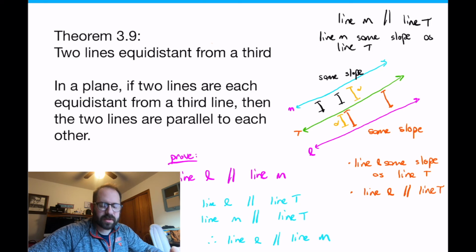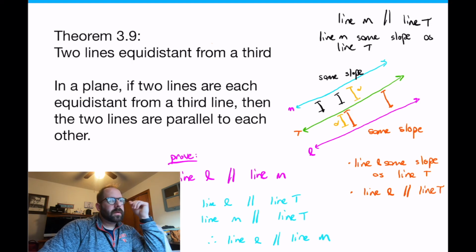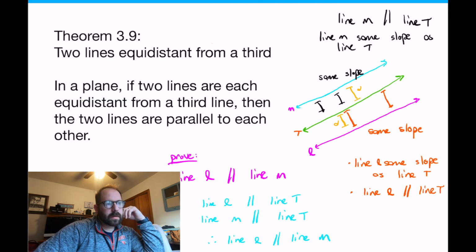It's called the transitive property. It also forces the slopes to be the same, because the slopes are equal to line T, and that forces them to be parallel. So that's another reason, other than using transitive, maybe transitive didn't work for you. Is everyone good with this one? You got it down.